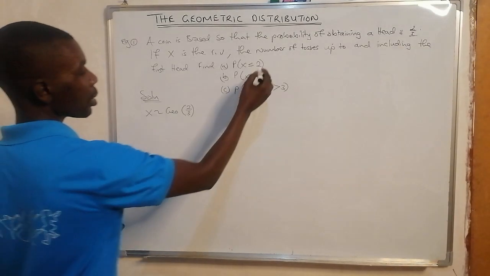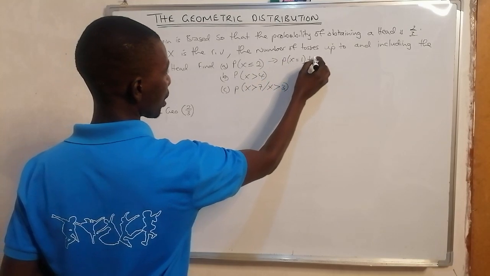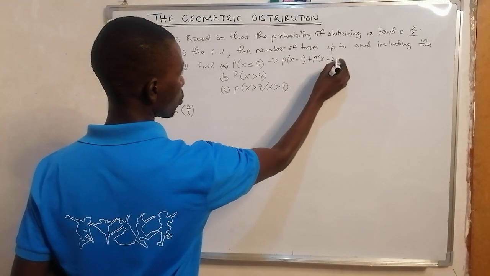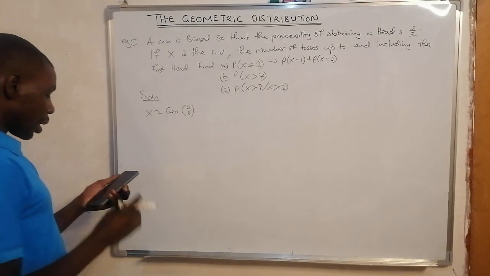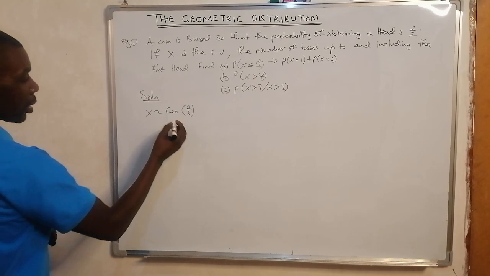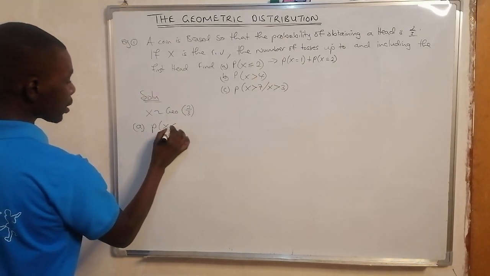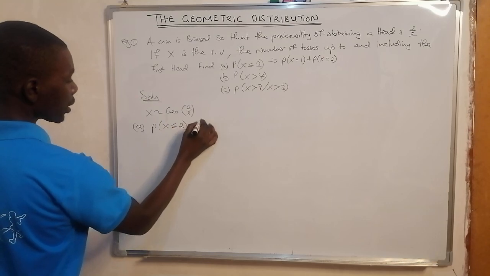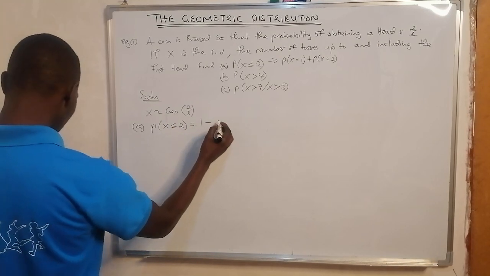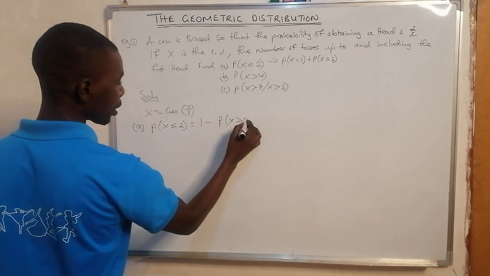We can use this one as P of x equals to 1 plus P of x equals to 2. But using our results, remember our first result, we can rewrite this A as P of x is less than or equal to 2 is the same as 1 minus P of x is greater than 2.